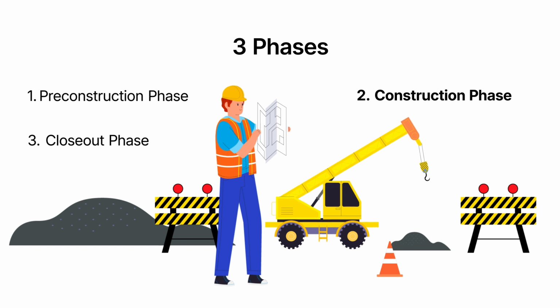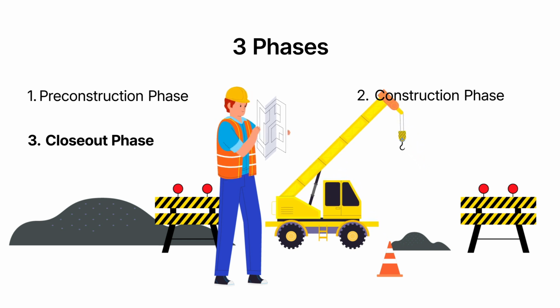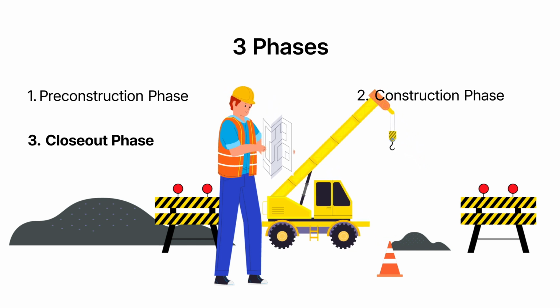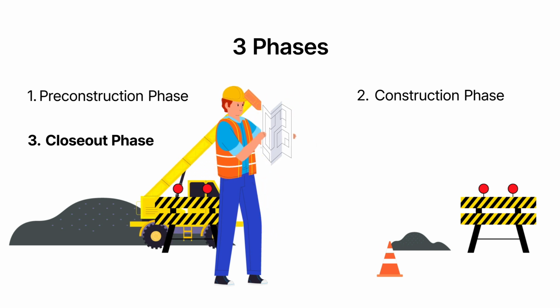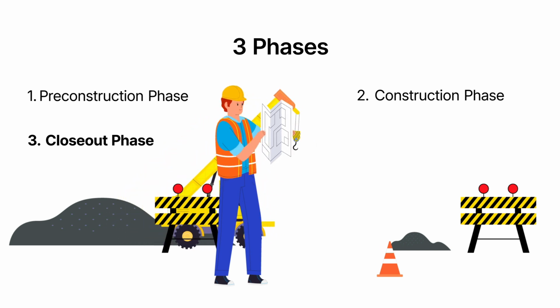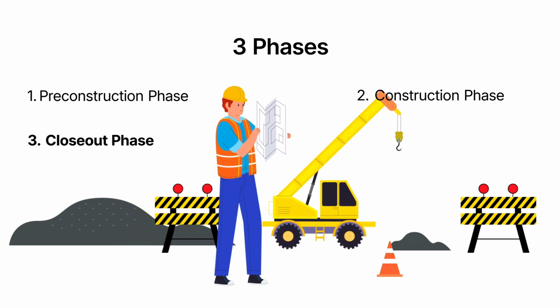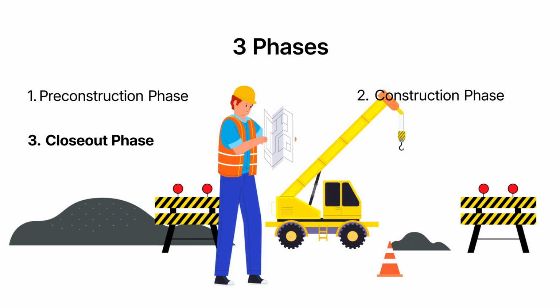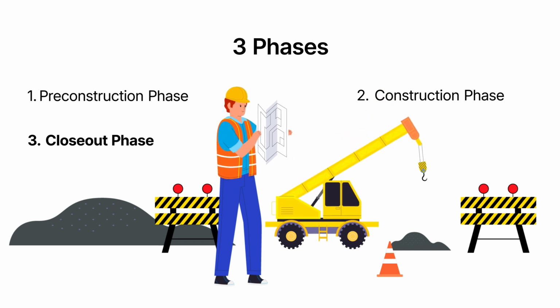During the construction phase, it involves progress monitoring, quality assurance, and managing the submittals. The closeout phase is where final inspections occur. Punch lists are created, finished, and inspected. Closeout documents are provided by the contractor, reviewed by the architect, and given to the owner.